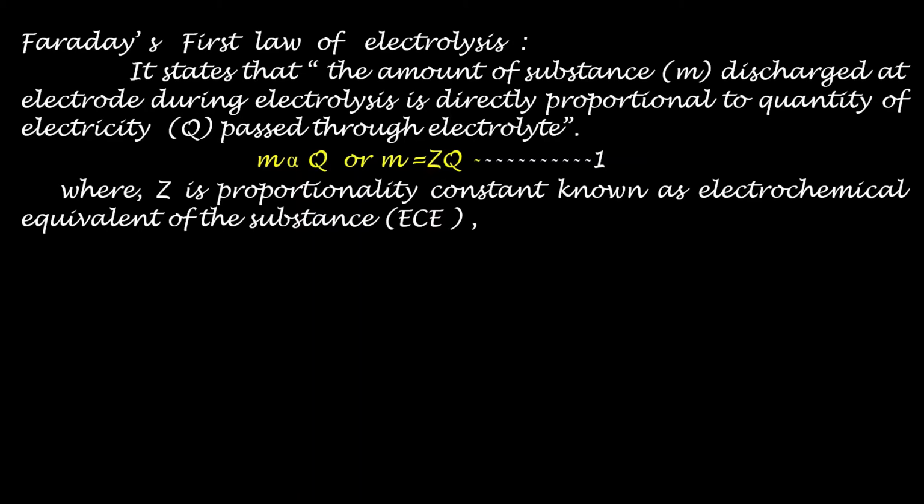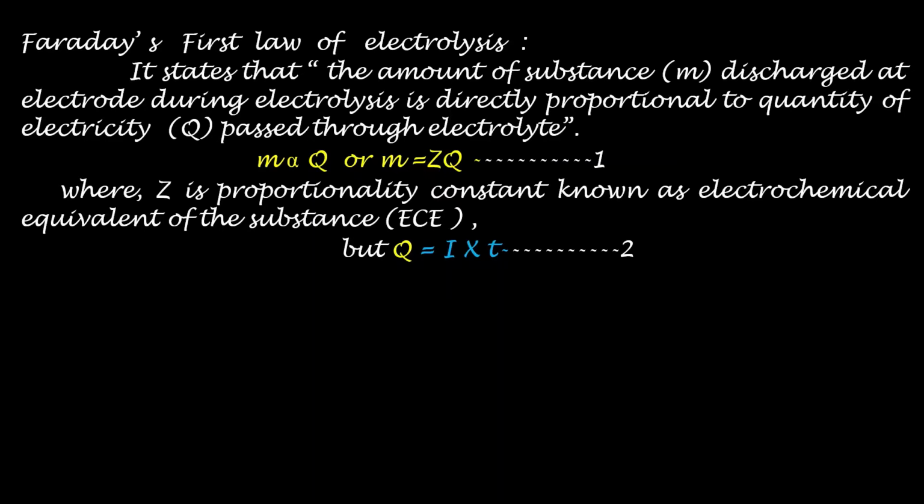So Faraday's first law gives the relation between the amount of substance that is discharged at the electrode during electrolysis of an electrolyte and the quantity of electricity that is passed through the electrolyte. But here we have to know that Q equals I into T. Q is the quantity of electricity, I is the current in amperes and T is the time in seconds.